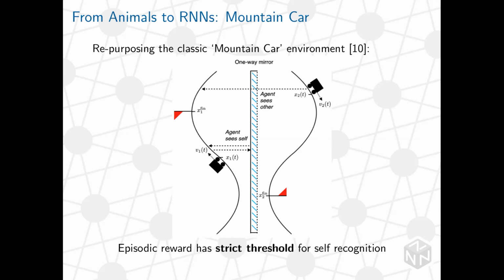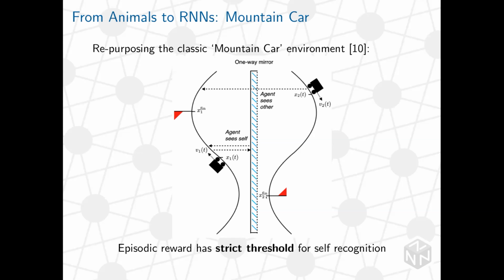So if you just took the left-hand side, that's the classic mountain car environment. And then if you add in this right-hand side, you have this second agent, and it's only seeing the left-hand side. So that's why we're using this analogy of a one-way mirror. So the first agent sees in a mirror, sees itself, has to direct to reach the target. The second agent starts at the origin and is rewarded for staying at the origin, X2 fin.